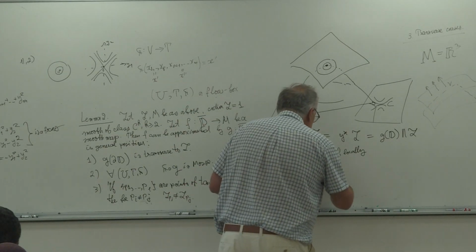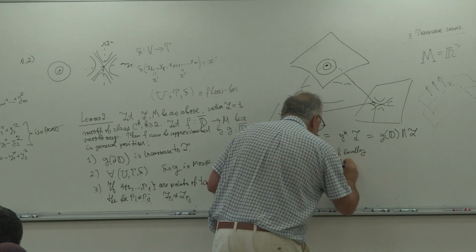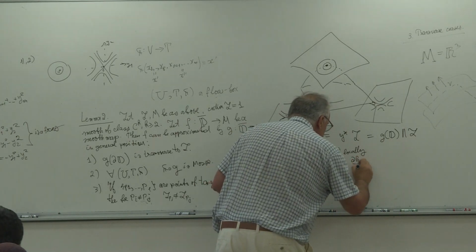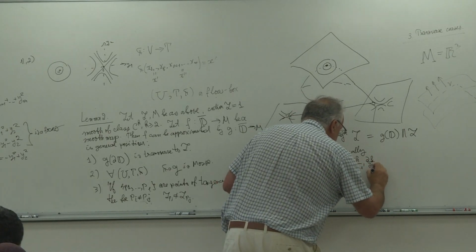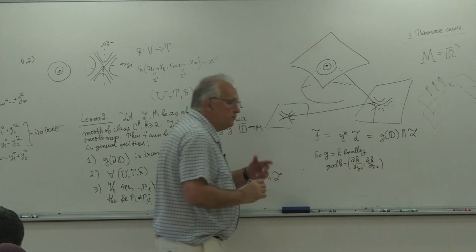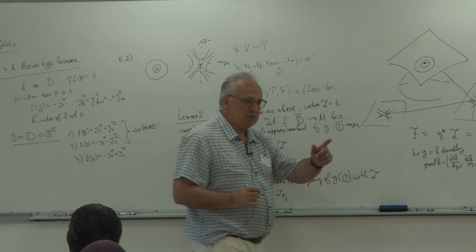But then you can consider the gradient of H, so dH over dy1, dH over dy2. And this, as we know, will be orthogonal to the level sets of H, yes?